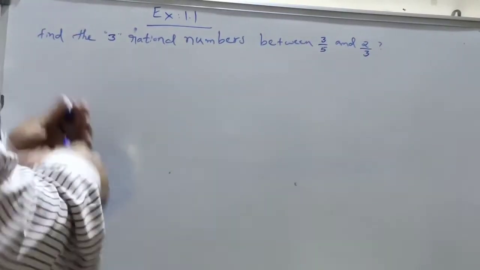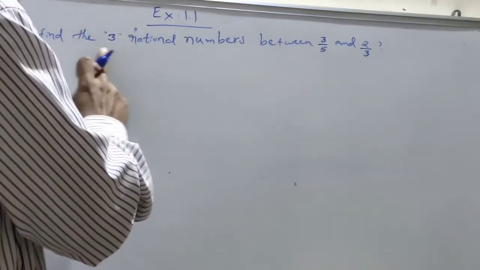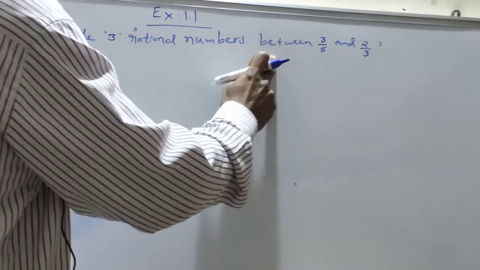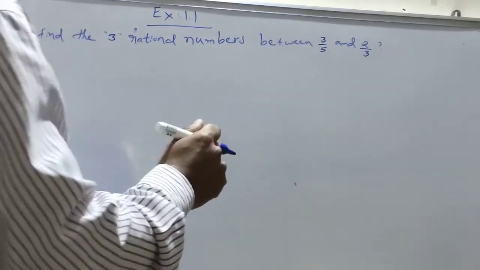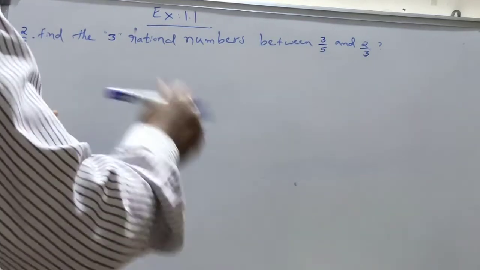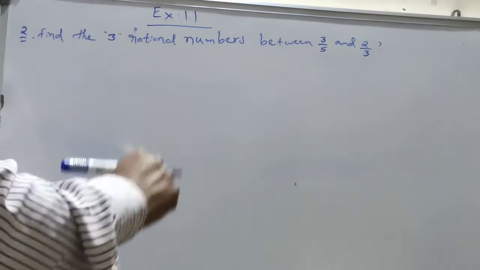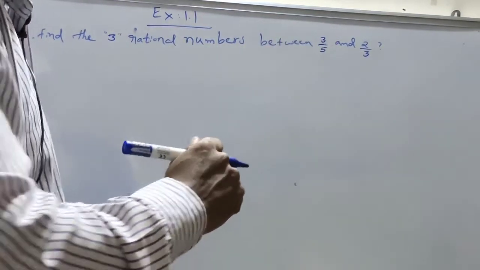Now students, let us see the next one. Second sum: find 3 rational numbers between 3 by 5 and 2 by 3. So here we have 2 fractions, 3 by 5 and 2 by 3.